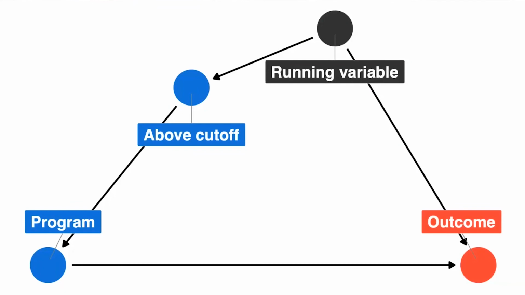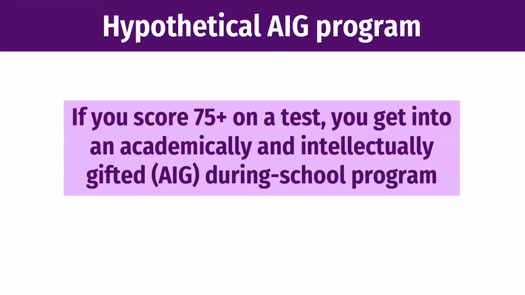Okay, so an example of this. We're going to have this hypothetical AIG, this academic and intellectually gifted program that schools do, this gifted program idea. And we're just going to use this as an example to show how this works with regression discontinuity. So in this situation, we're going to say if you score 75 points or higher on some test, you get into this AIG program.